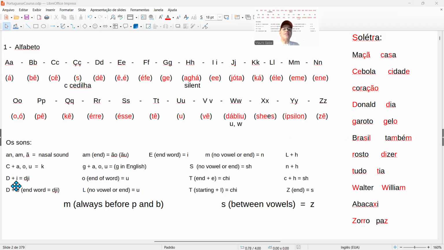And this one, D starting a word. D plus I, D plus E sounds like G. Here it is. Dia. Some people might say dia, but in Rio, dia. Repeat that.